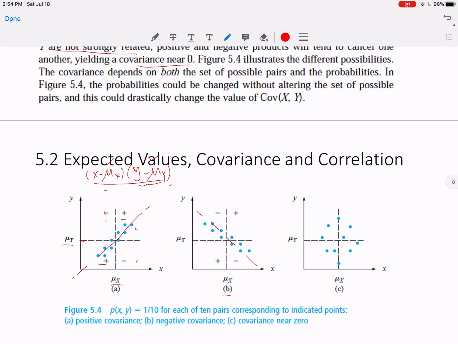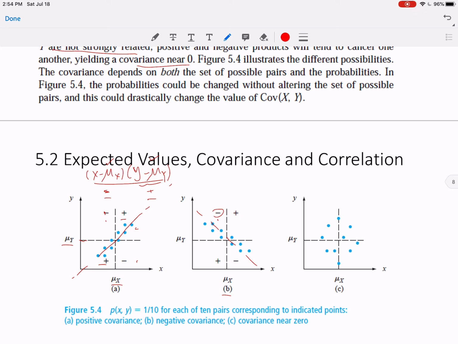For all of the points in the second quadrant, all of the x values are less than mu sub x, so x minus mu sub x would be negative, and all of the y values are greater than mu sub y, so this part is positive. Negative times positive gives a negative sign.